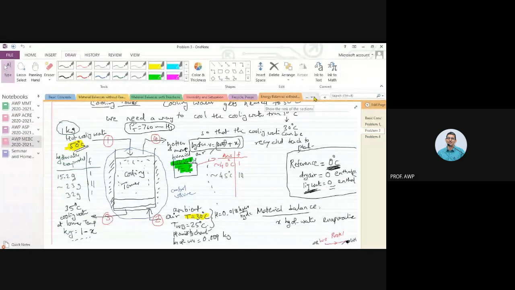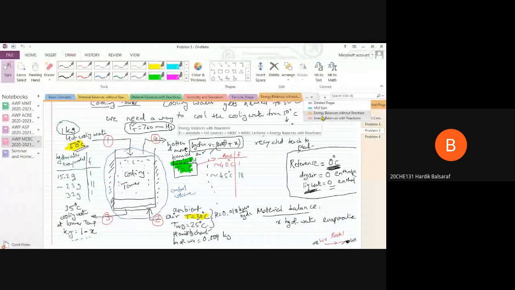What do you think we will do with this hot cooling water which is at 50 degrees centigrade? Sir, we are lowering the temperature and humidifying the air.